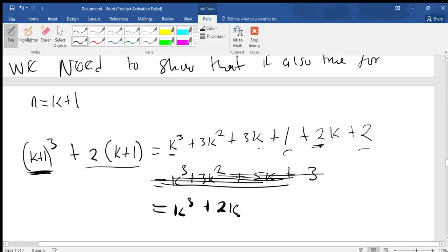This is what I'm looking for. The rest can go to the other side. So the rest will be plus 3k squared plus 3k. This is 1 plus 2, which is plus a 3. So we wanted this to clearly be seen because this is our equation 1.